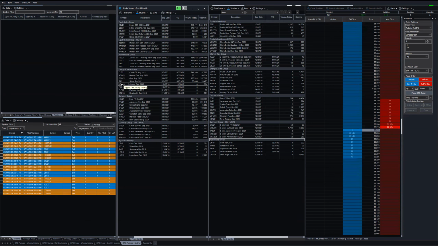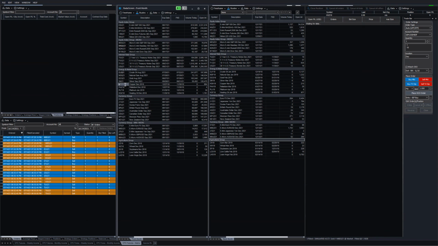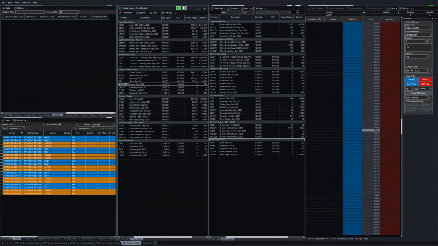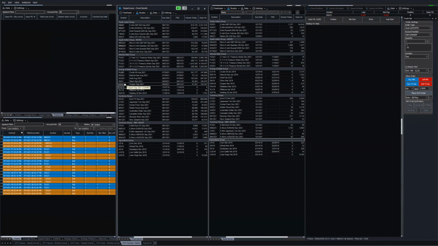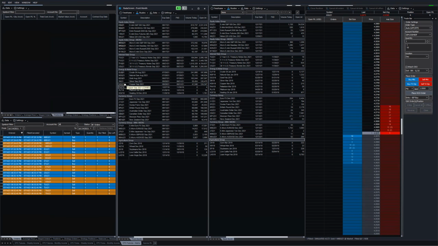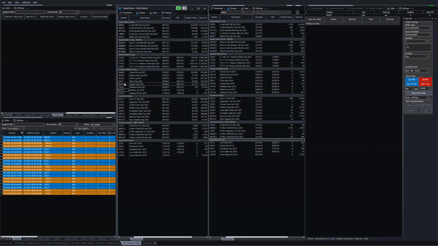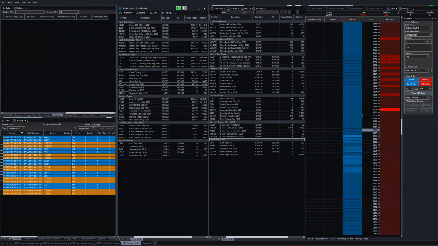Copper, what did we say on copper? HG. HGU 21. Palladium PAU 21. Platinum PLV 21.